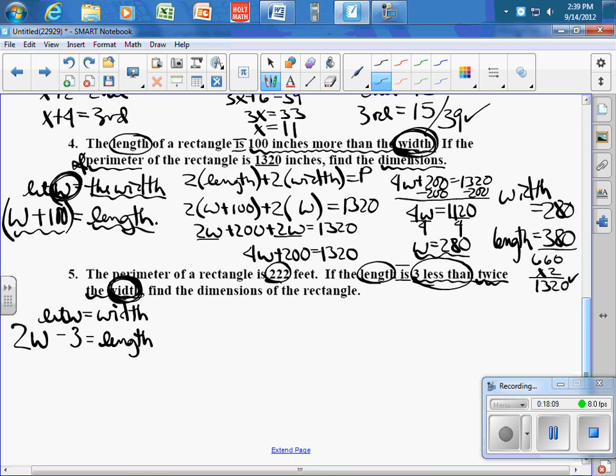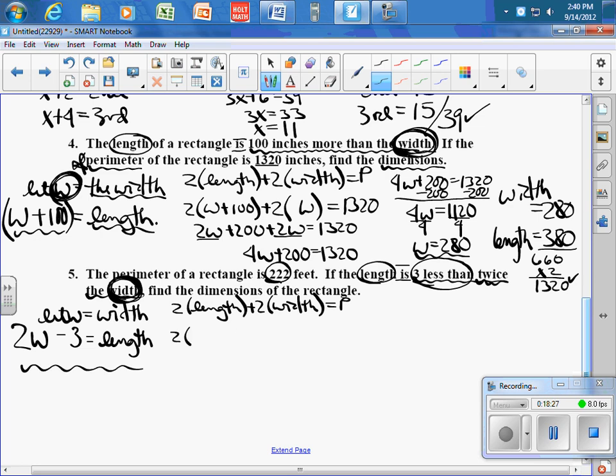So we'll now use the formula that we used above, 2 times the length plus 2 times the width equals P. And now we're going to use these things that we've created over here in our formula.